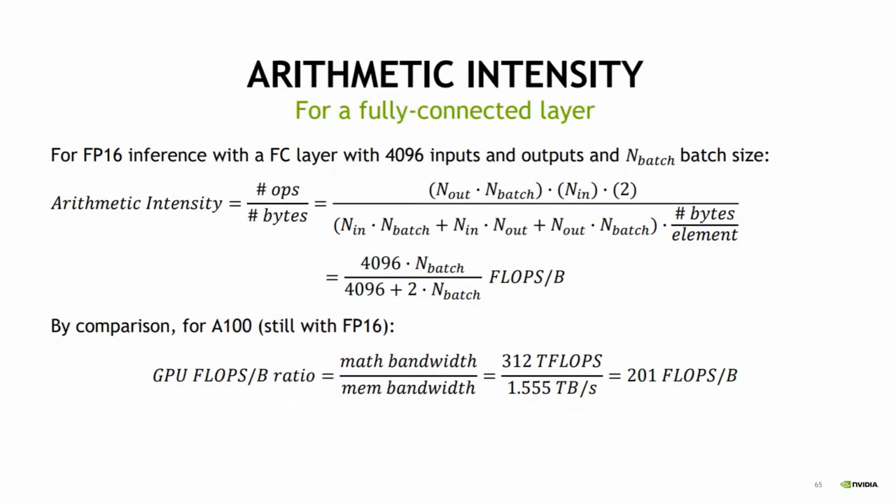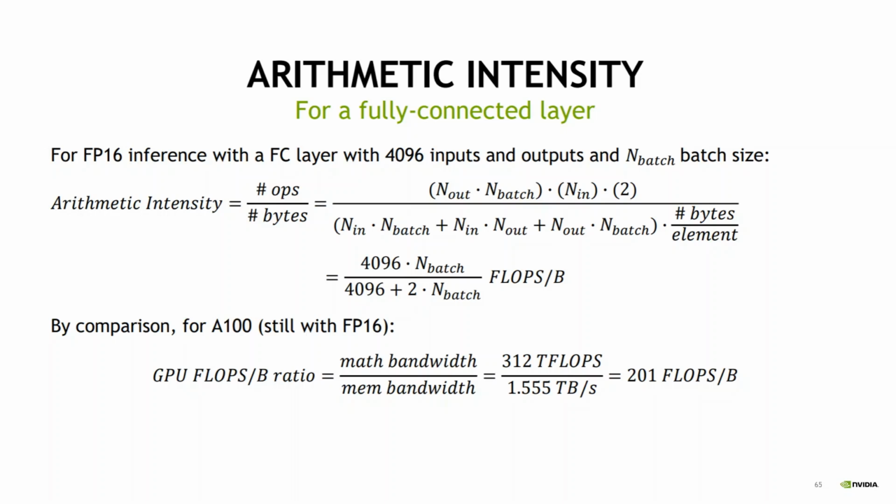Let's do these computations for a fully connected layer in FP16 mode. A fully connected layer with 4096 inputs and outputs, and batch will be the variable for batch size. So the arithmetic intensity will be the number of outputs multiplied by batch size, multiplied by the number of inputs, multiplied by 2. In the denominator we have the number of memory operations needed.